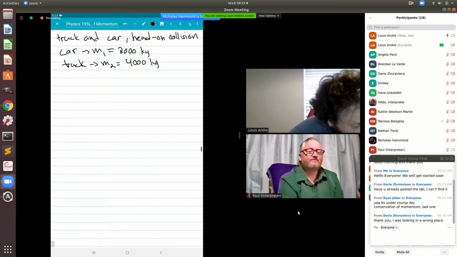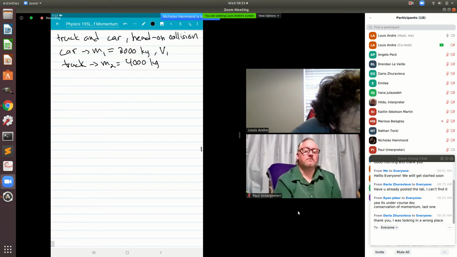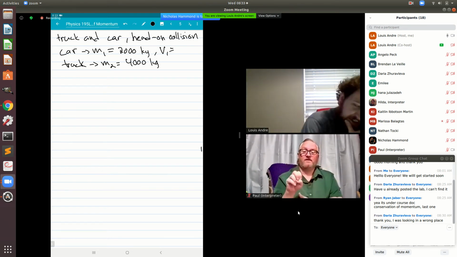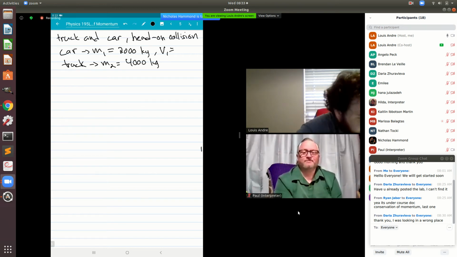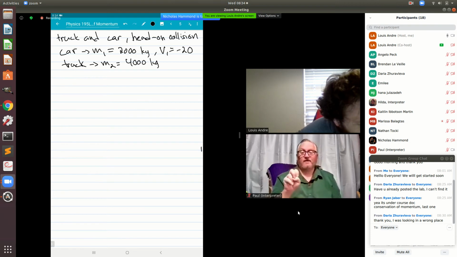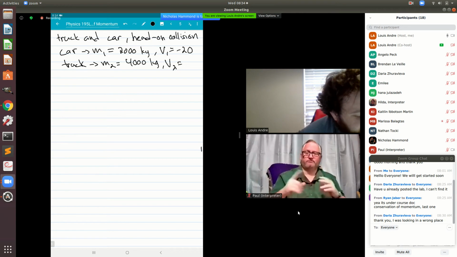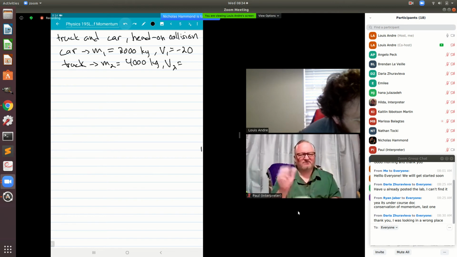And the car's initial velocity, let's say, is negative 20, and let's say the truck's initial velocity is 10. No, let's not make it 10. So the truck's initial velocity is 15.